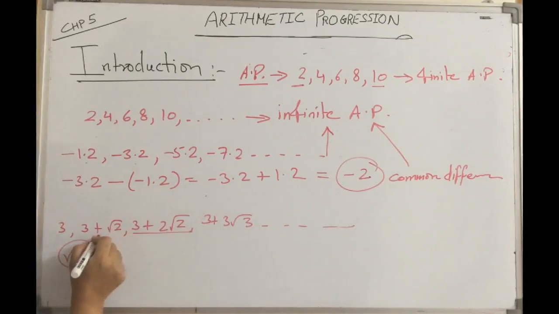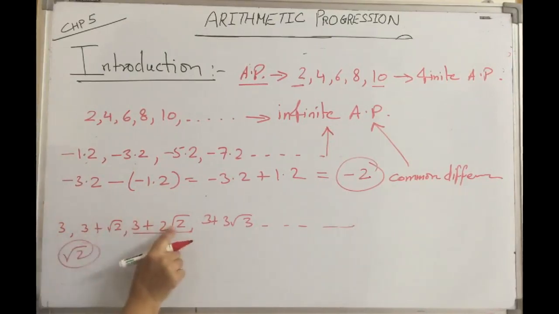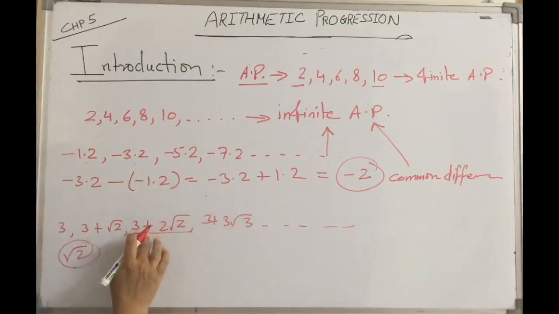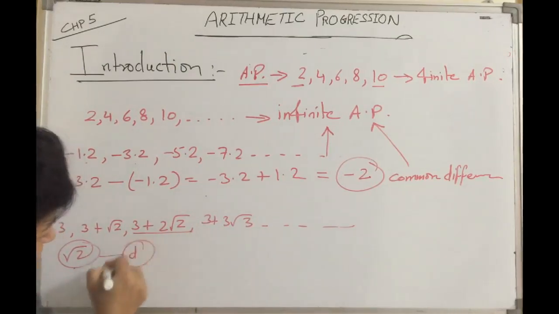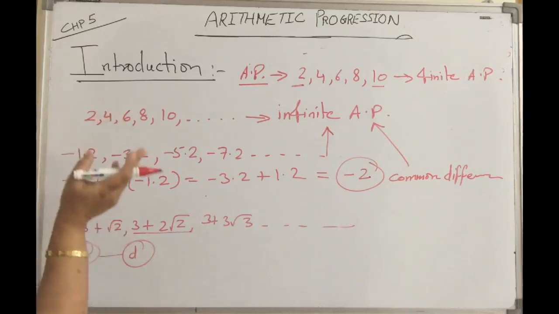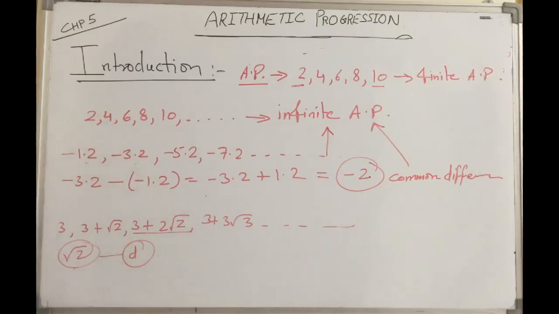Third term minus the second term, 3 will get cancelled, 2 root 2 minus root 2 will again give you root 2. So root 2 is the common difference here. So an AP is a sequence of numbers where the difference between any two consecutive terms is the same. I have also told you the meaning of finite and infinite AP.